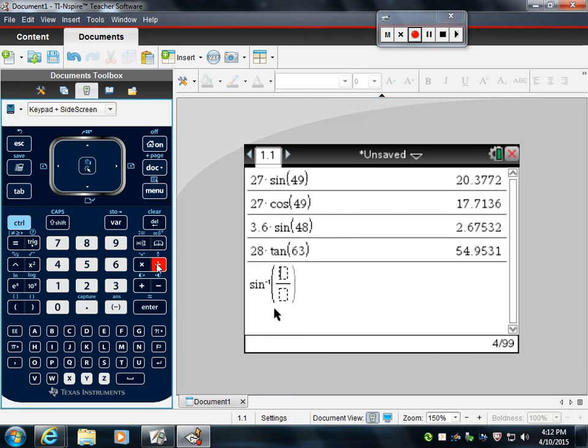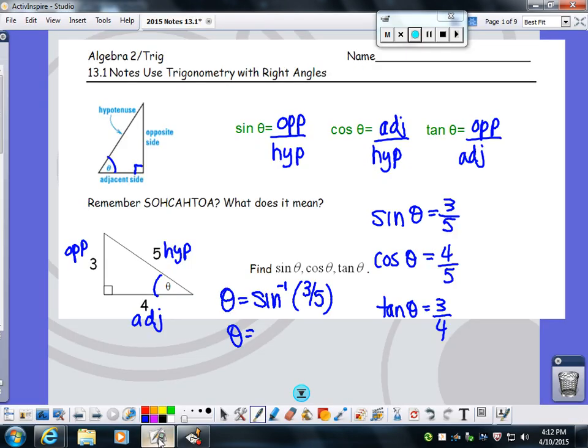Make sure it's all in parentheses, so 3 over 5. This is going to give us an angle measurement. So hit enter, and typically you round angles to the nearest degree. So this is going to be approximately 37 degrees.